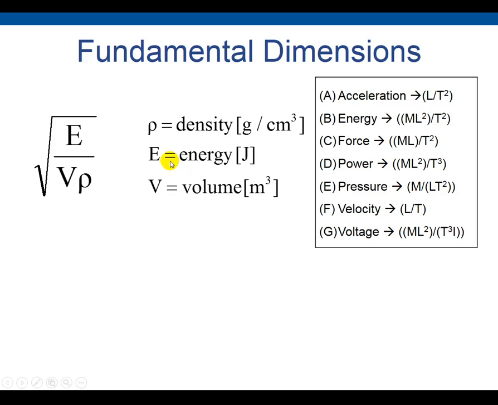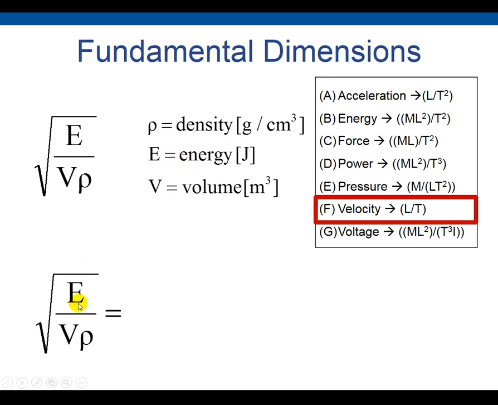Okay, for example, the E, you can see, is energy, which is mass times length squared divided by time squared. And the volume is cubic meters. So meter is length, so in this case we can simply say L cubed.